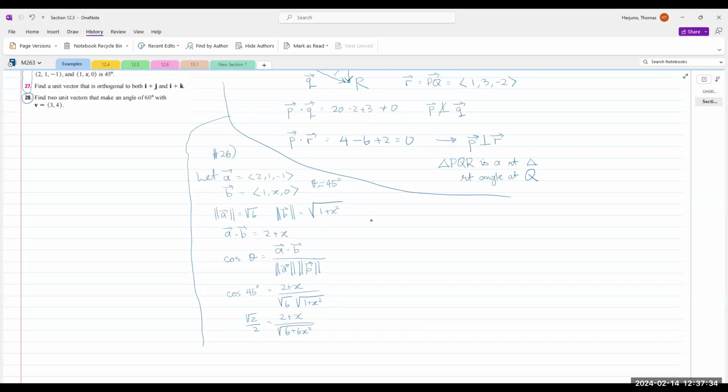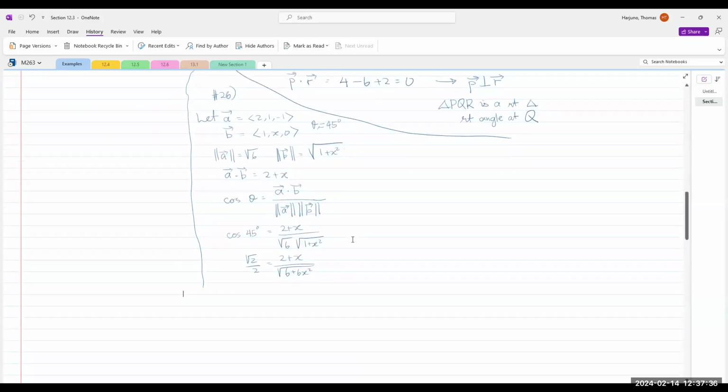Now let me go on. I will cross multiply, so I get square root of 12 plus 12x squared equals 4 plus 2x. Now I will square both sides.